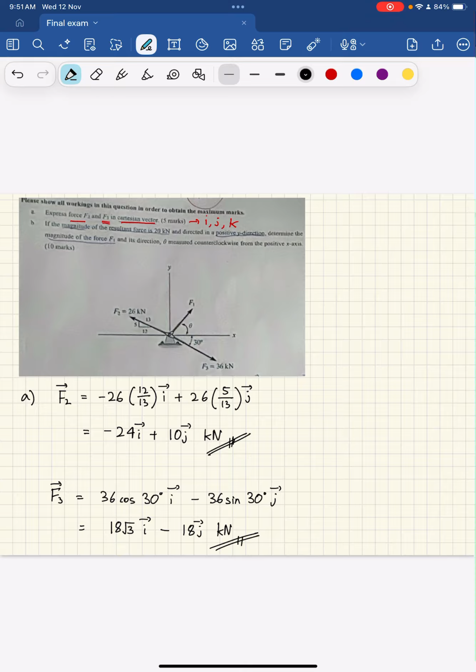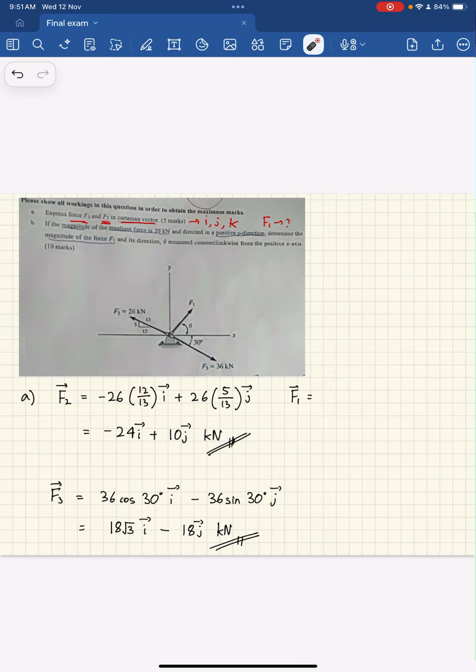I know the question just asked for F2 and F3, but let's say they also wanted F1, just out of curiosity. It's pretty straightforward, because when you resolve F1 into its components, it's going to be in the positive x direction and the positive y direction.